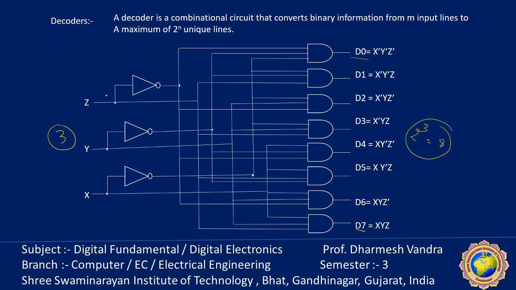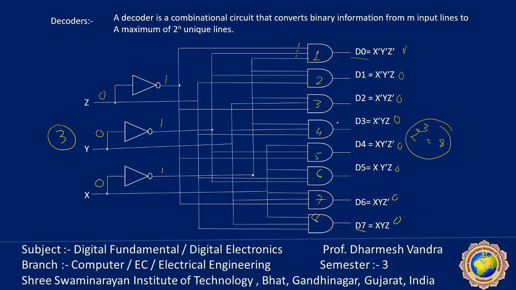Now see, if my input is 0 0 0, x0 y0 z0, so all inverter outputs are 1, and only gate number 1 has a 1 1 1 input. The remaining gates each have at least one input that is 0, so the result is that this one is 1 and the remaining are all 0.